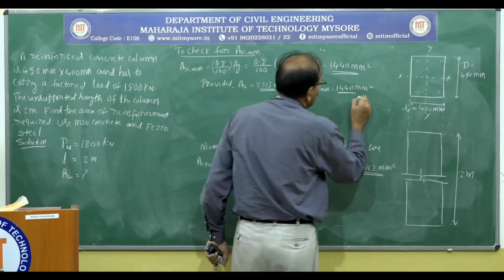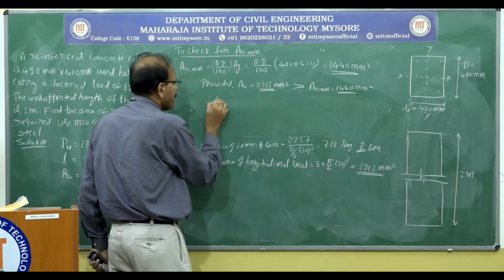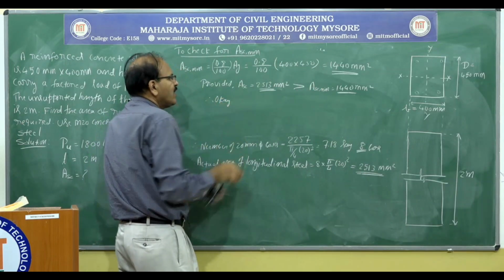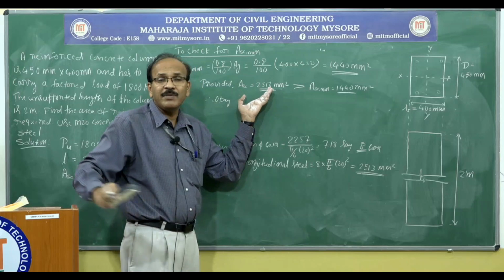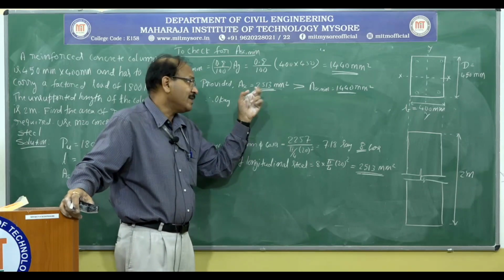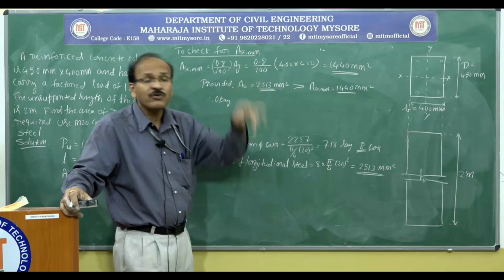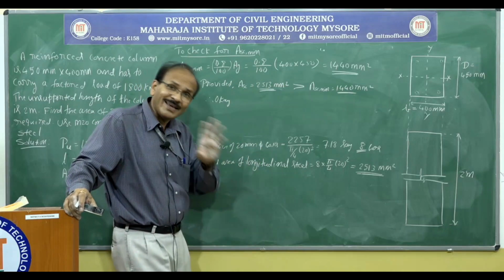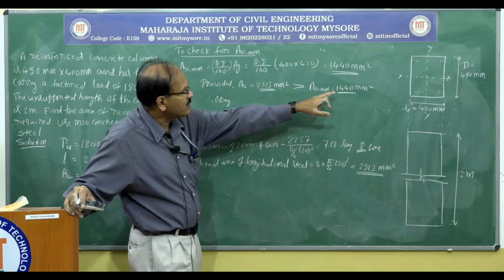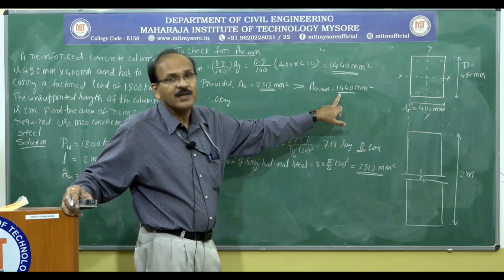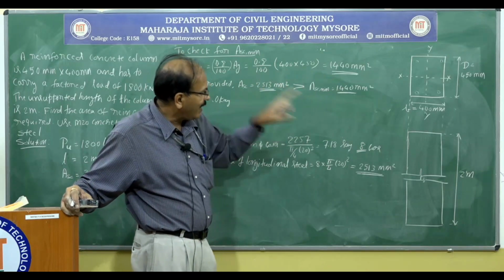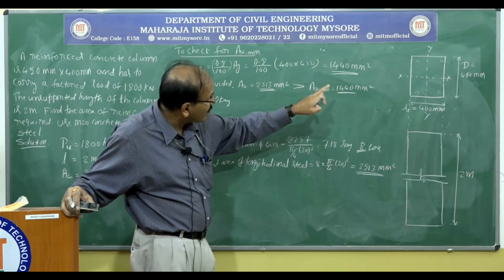Okay. Therefore, okay. What if this value is say 1200 millimeter square? So then this value will be less than 1440. So in that case, what you have to do is proceed and provide an area of at least equal to this much.